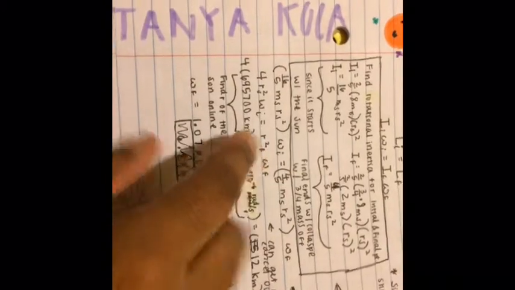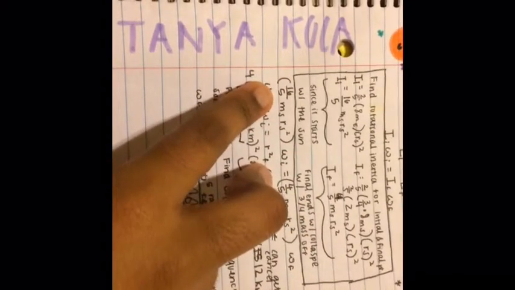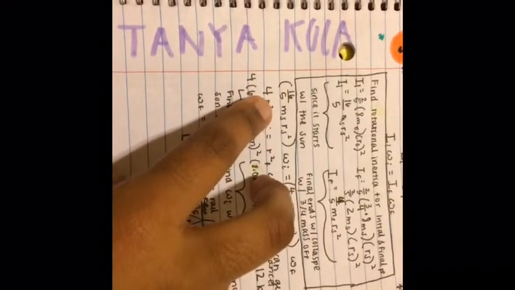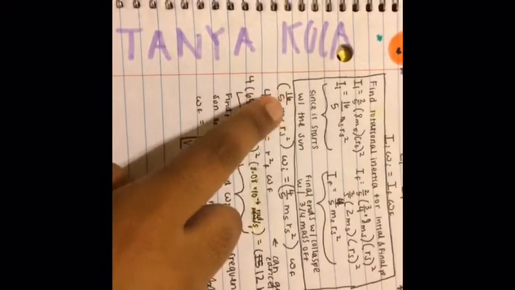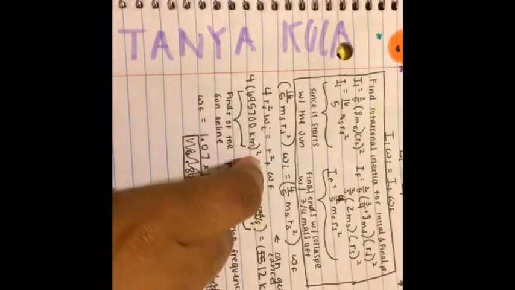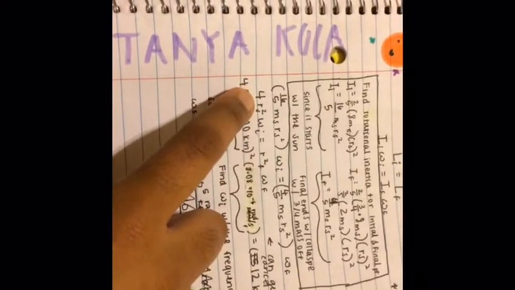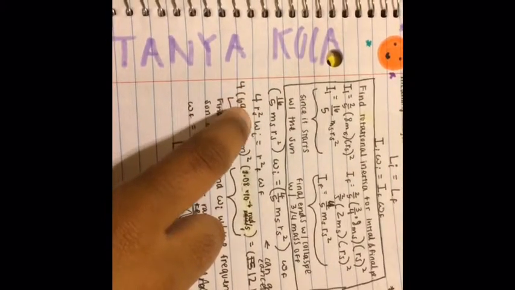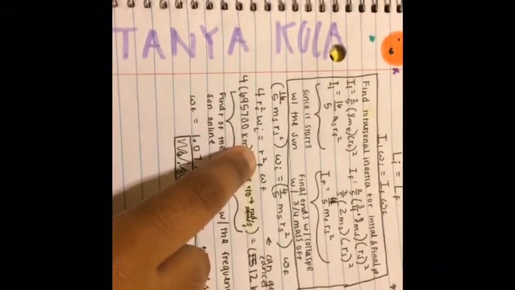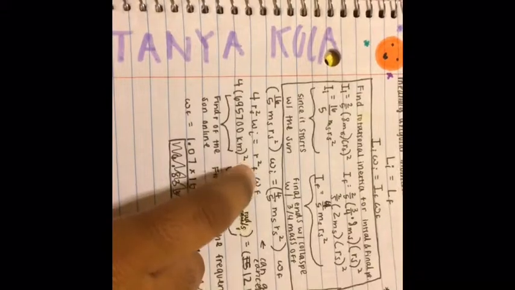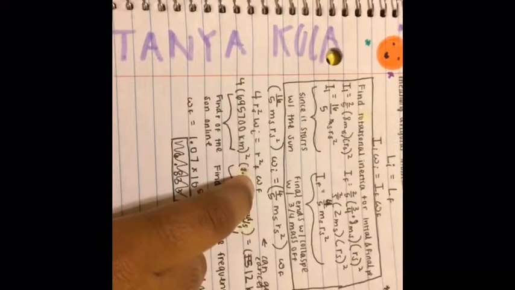And we can notice something special here, that 16/5 and 4/5 are proportional to each other by 4. So we can proportion those out, cancel these two out, getting this equation right here: 4 times r squared initial times the initial angular velocity equals r squared final times the final angular velocity.